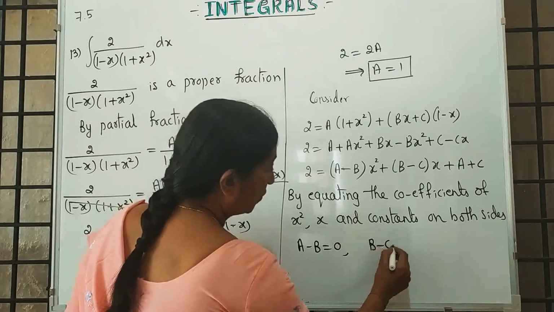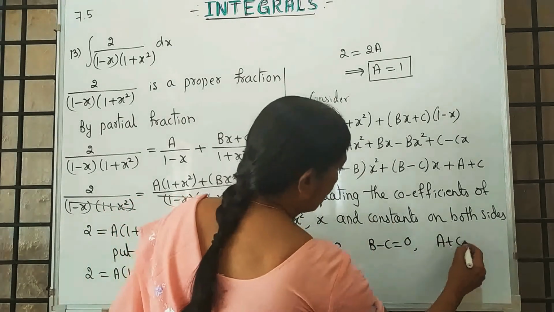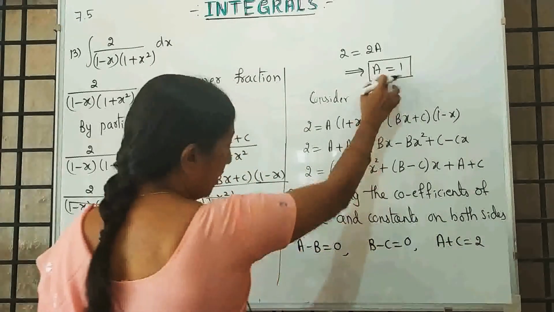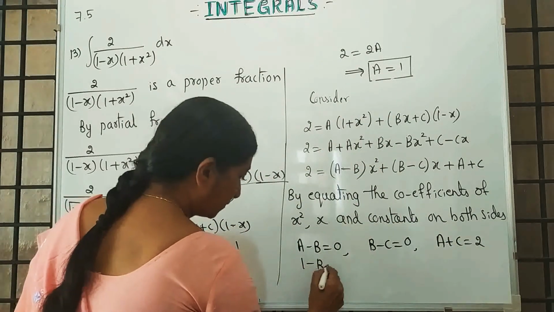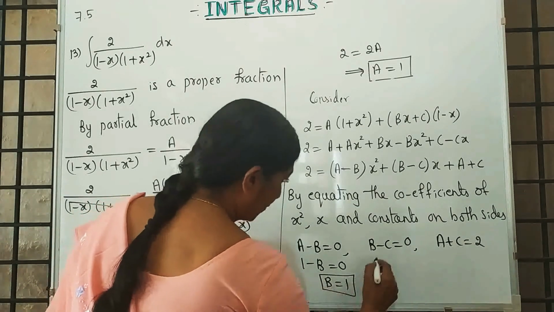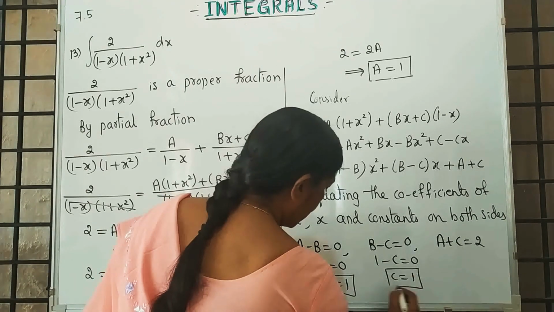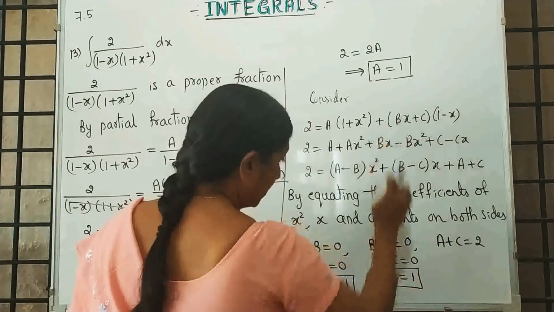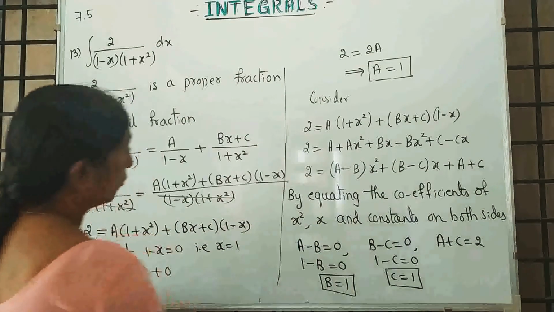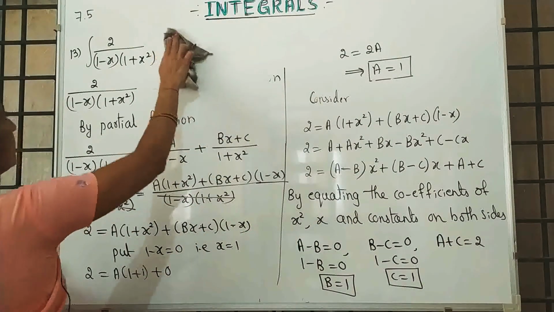Then we don't have x either, that is also 0. The constant is 2. Now write down the A value. So B is equal to 1. Write down the B value. C is also 1. See, if you write A and C, A is 1, C is 1, 1 plus 1 is 2. Is it correct? Yes, that means whatever you calculated is correct.